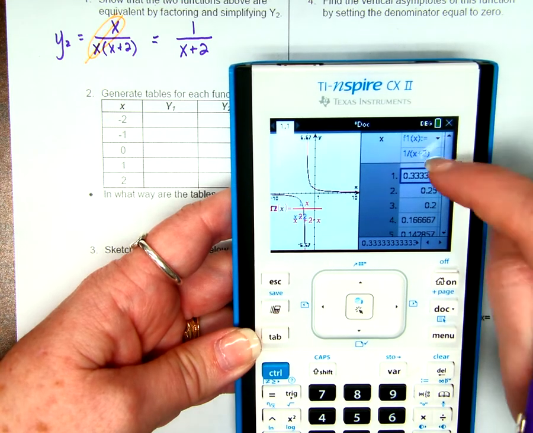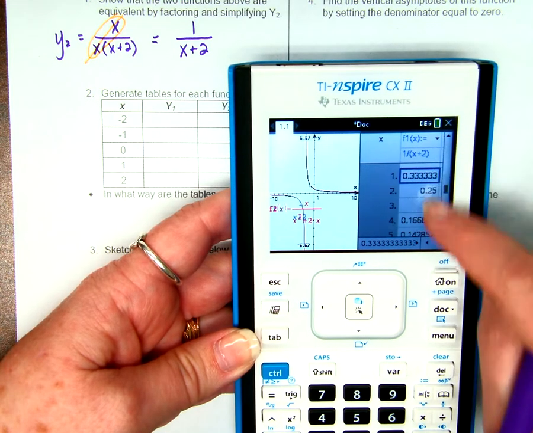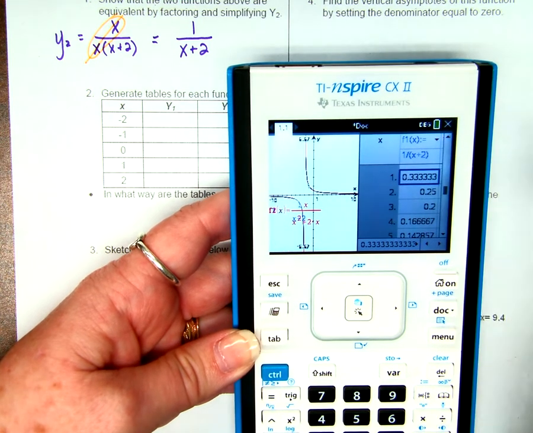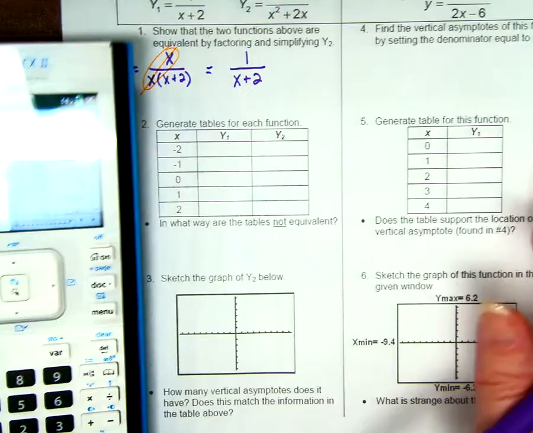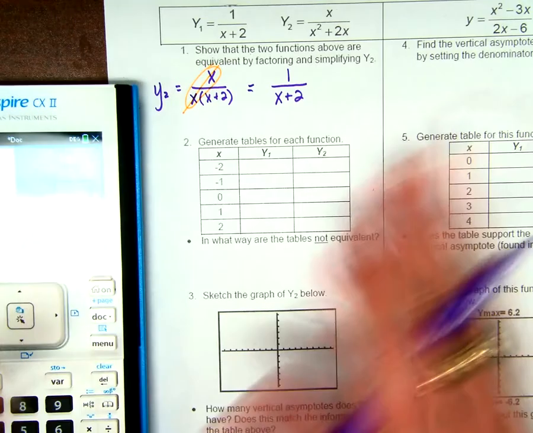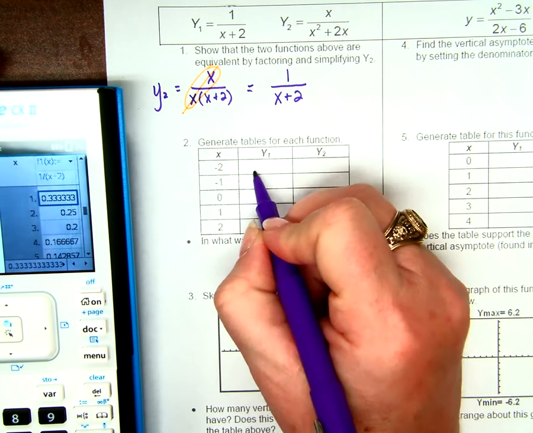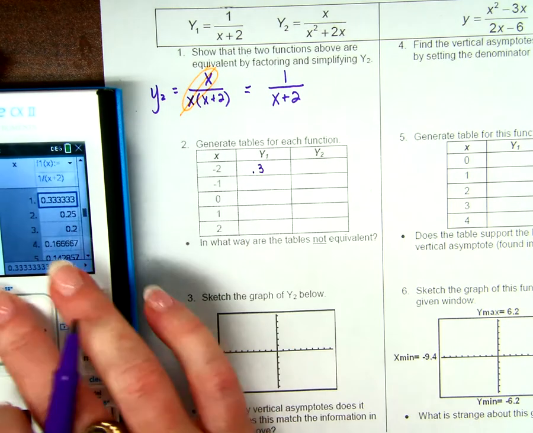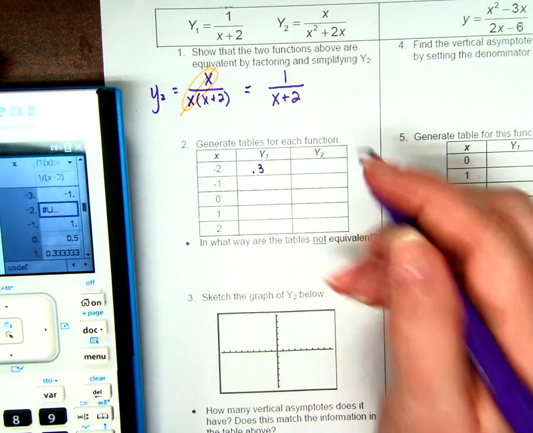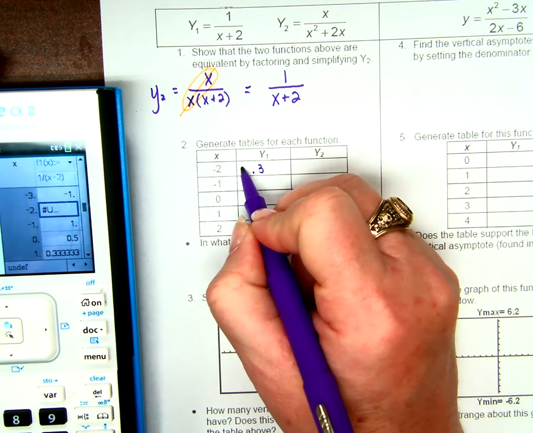So all I can see in the table right now is the x column and the F1, or in our case, y1 column, right? So for y1, negative 2 is undefined.